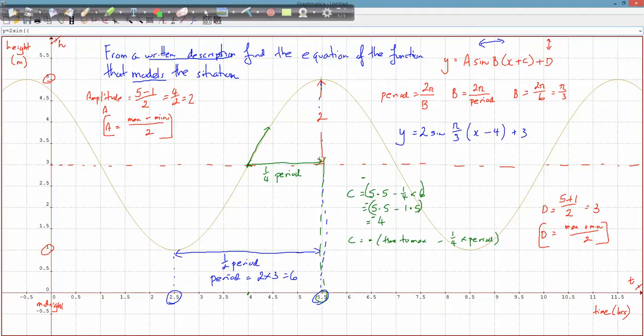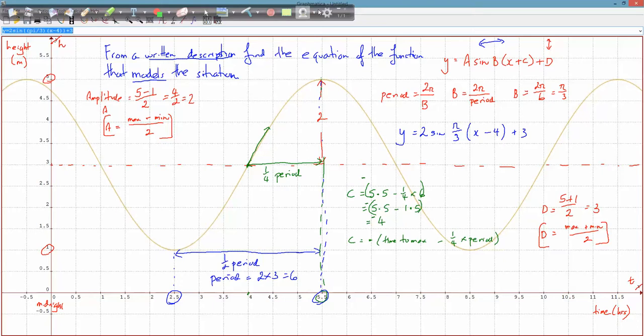Now for Graphmatica I need to put the pi over 3 in its own pair of brackets, and then the x minus 4 in its own pair, and then a pair of brackets around that as well. And then plus 3. Okay, let's press enter. Unfortunately it's exactly the same color, but hopefully you did see that it went on top of itself.